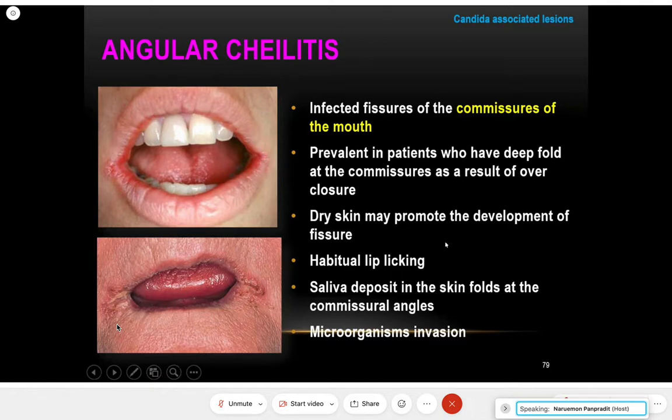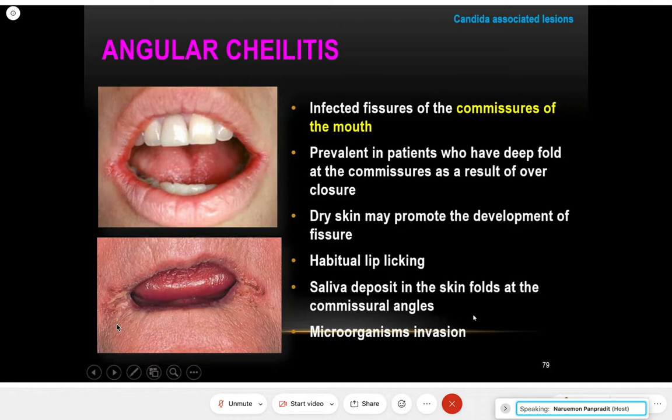Most patients like to lick their lips like this, or elderly patients have a drooping corner of the mouth, and saliva accumulates at the corner of the mouth, so it's easy to have angular cheilitis.